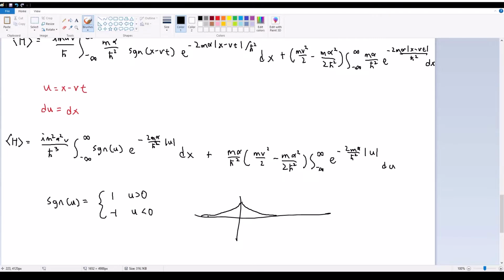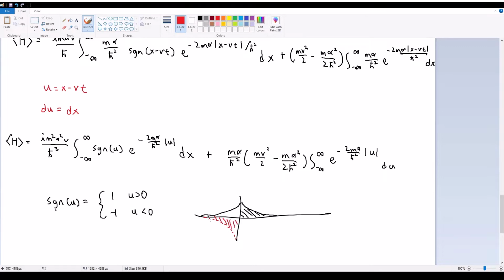The thing about the signum function is that it's going to reflect, because remember, an integral is the area underneath a curve. So what the signum is doing is basically reflecting everything on the negative side upside down. You have a part of the integral that's positive going from 0 to infinity, and a part that's negative going from negative infinity to 0.